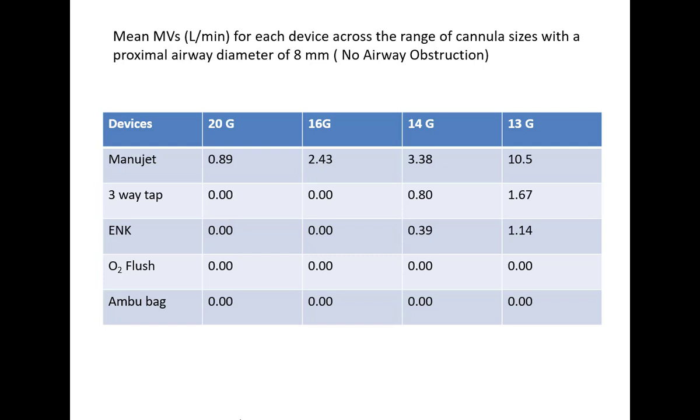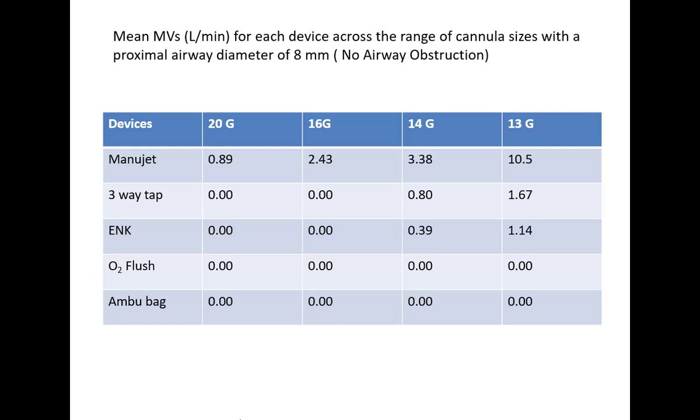Oxygen flush, ambu bag, three-way tap: no oxygenation at all when the upper airway is open. So if you have a patient where you cannot intubate because of some other kind of anatomical difficulty, you are hardly going to be able to ventilate the patient using either the ambu bag or oxygen flush bag, even if the size of the cannula is 13 gauge, right?